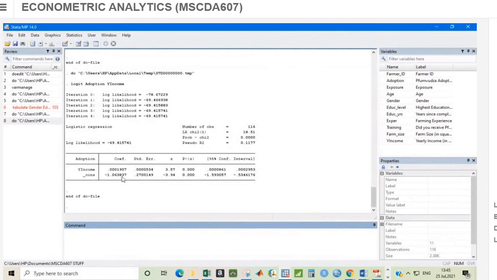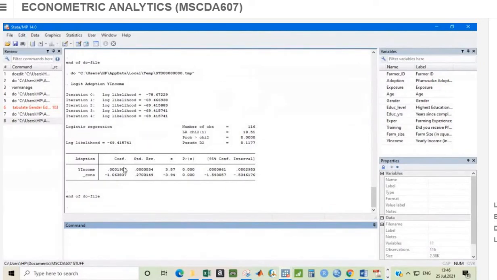So in a way, what are we saying? We're saying when income goes up by a unit, the probability that someone adopts a Pumfuza project will go up by this magnitude. I think I have made myself clear there.